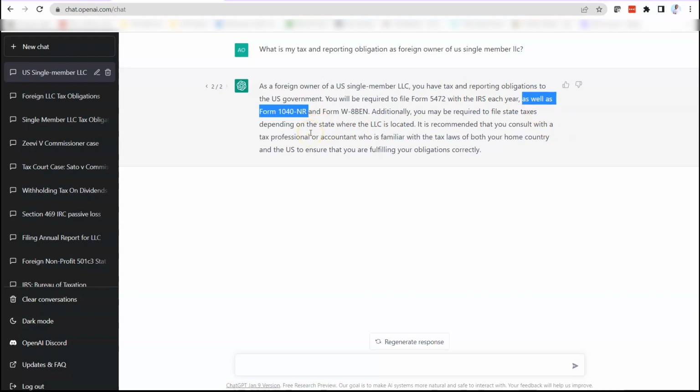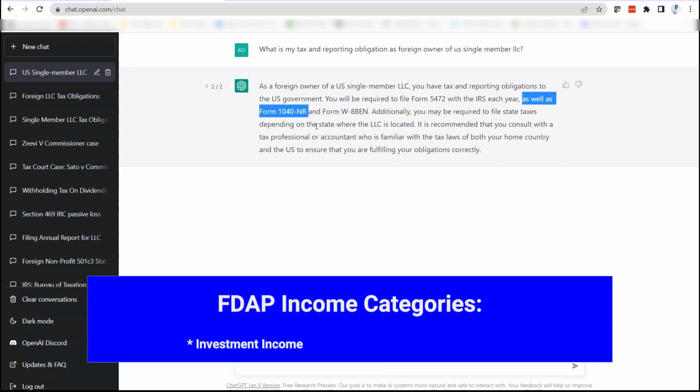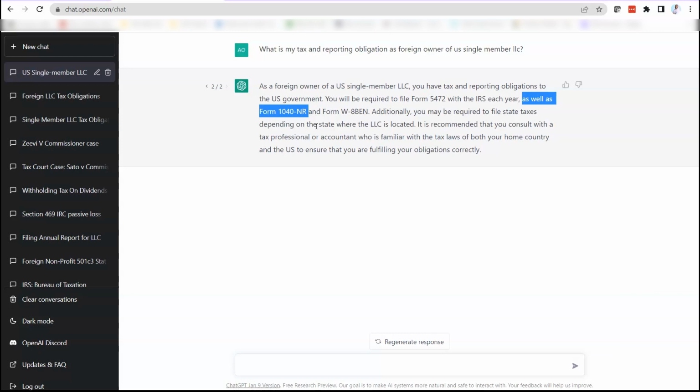And then you also file 1040-NR when you receive FDAP income, things like investment income, passive income, rental income. Anytime you receive FDAP income and the proper withholding is not done, then it is up to you to file a 1040-NR to file the proper taxes and pay the proper withholding or the proper taxes that you need to pay.